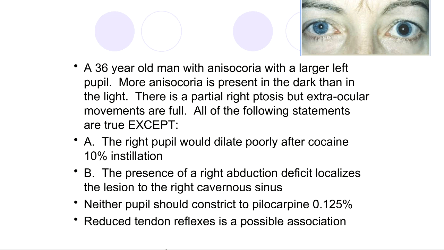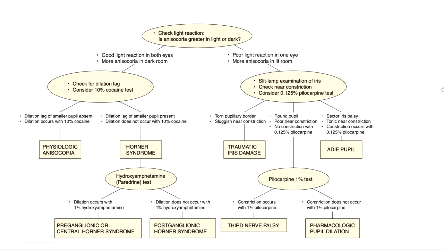All right, I'm trying to remember the flow chart. I have to just be very honest. I remember the pilocarpine being on the left. Yes. Okay, so the right side, it would be.